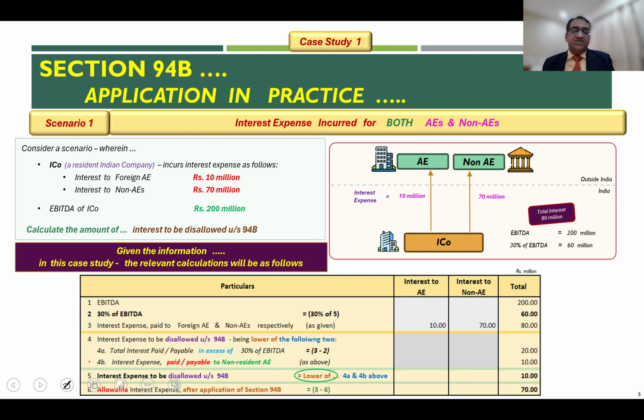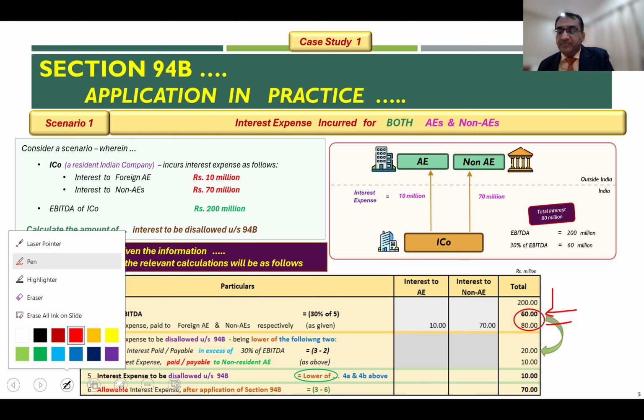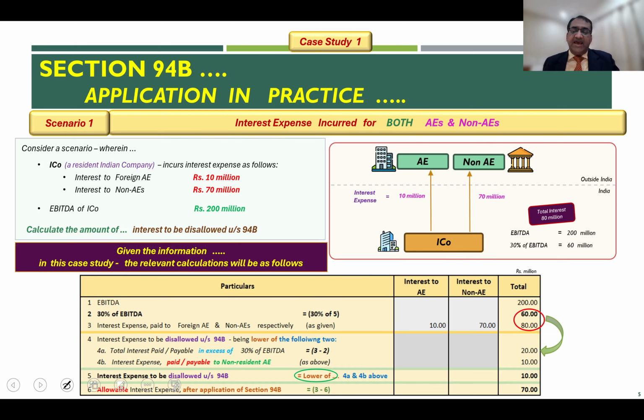Now 30% of the EBITDA is only 60 million, and what you are paying in total is 80 million. And therefore the first component is 20 million, which you have to compute.